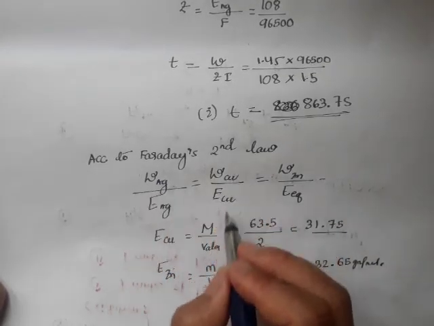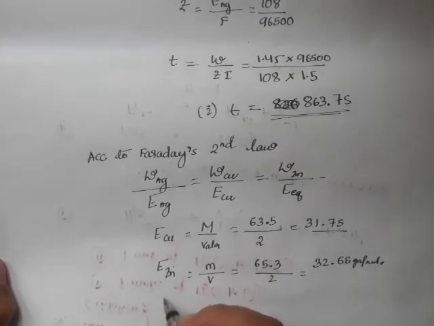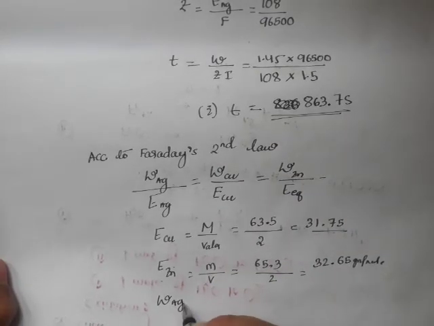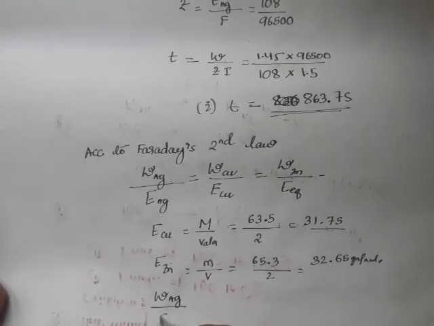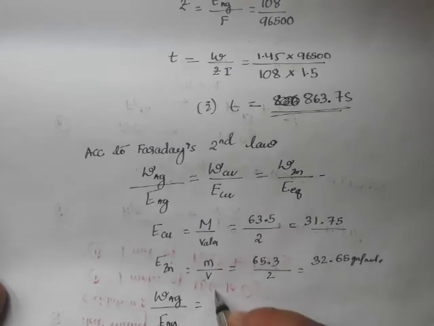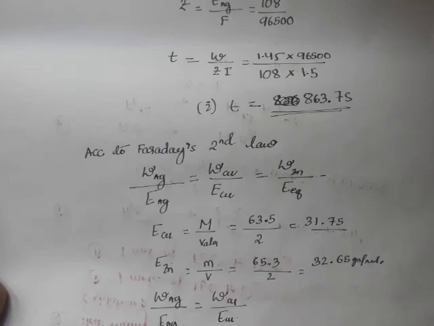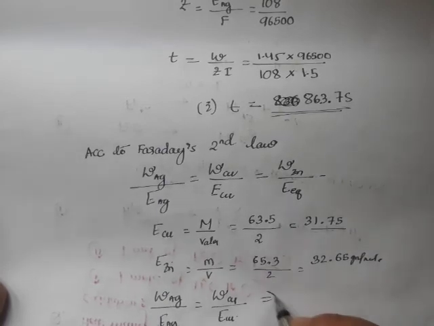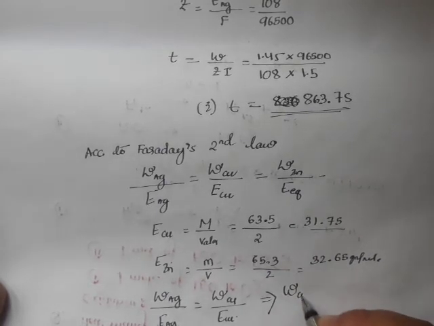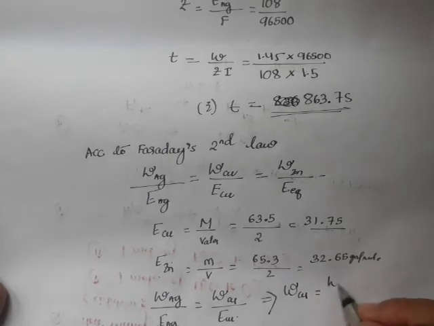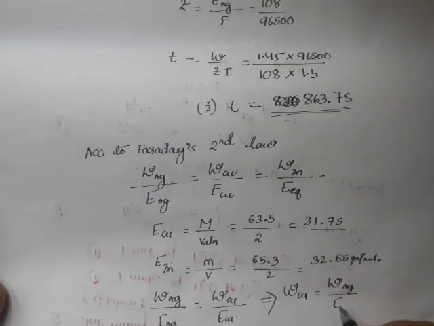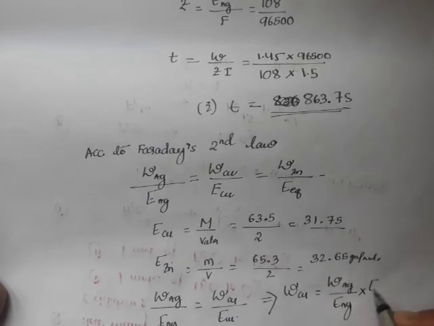Now from this equation, W of Ag divided by E of Ag equals W of Cu divided by E of Cu. So W of Cu is W of Ag by E of Ag into E of Cu.